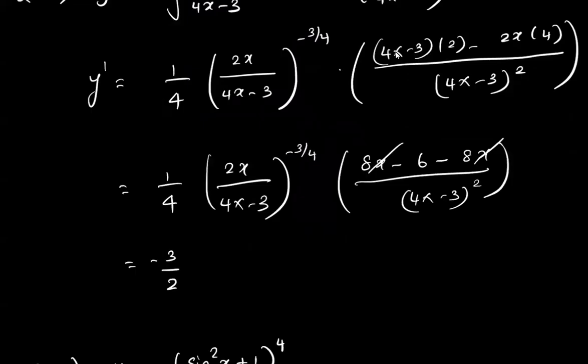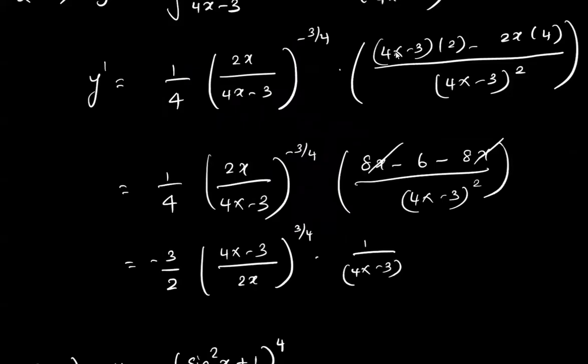And then I can flip this so that this will become 4x minus 3 over 2x to the power of positive coefficient and 4x minus 3 squared. So if I reduce all of this, I will have negative 3 times 4x minus 3 to the power of, I'm sorry, it'll be in the denominator.